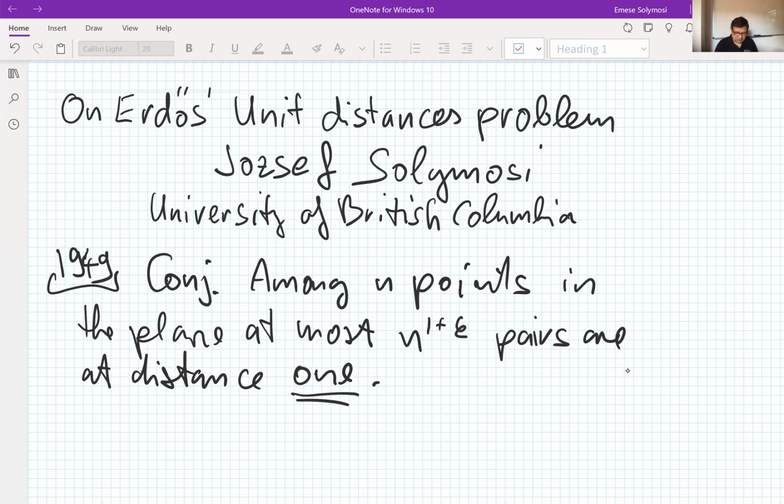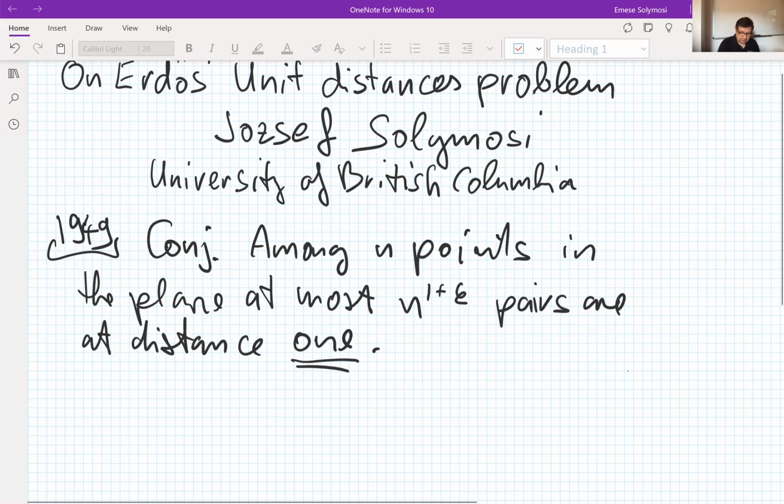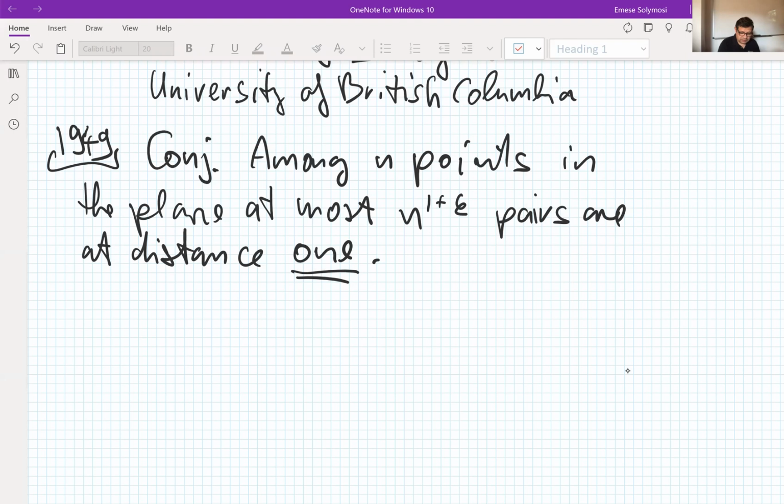And let me jump immediately to one proof. It's very easy to see the n to the 3/2 upper bound, which was observed by Erdős. It's an immediate observation. I'm going to use the notation u(n).